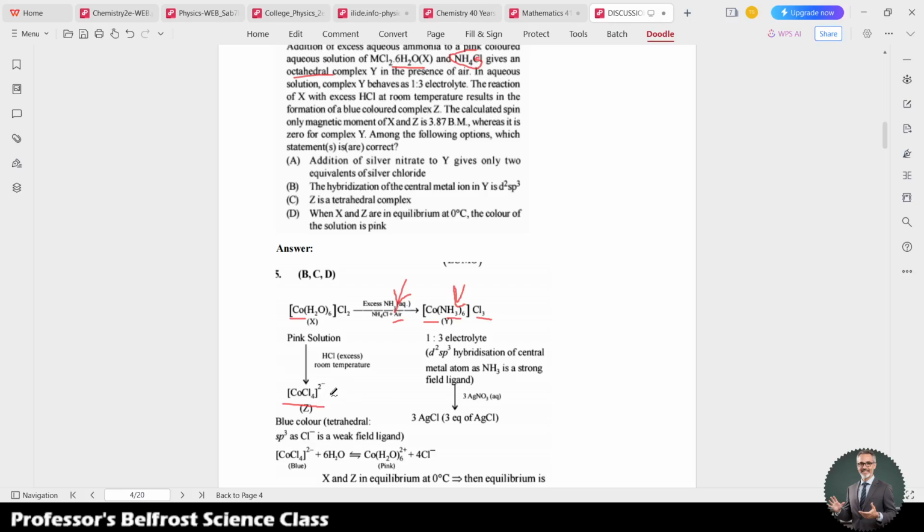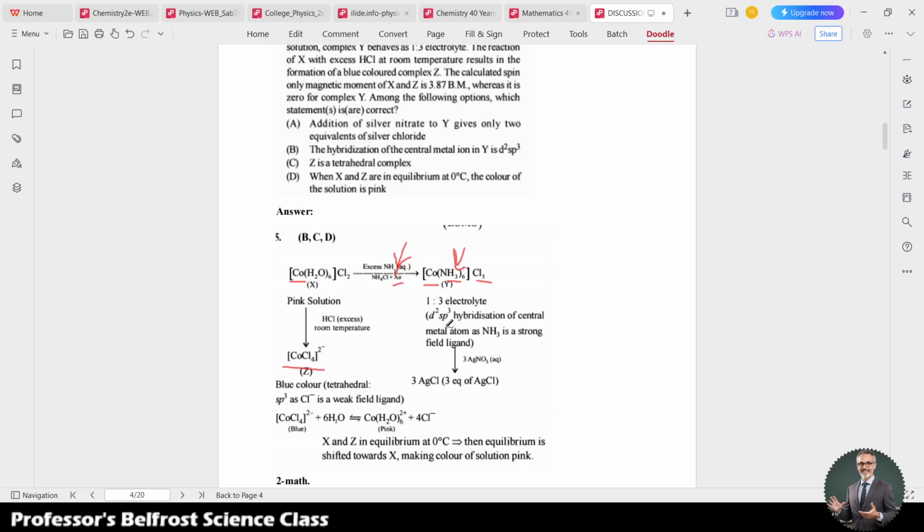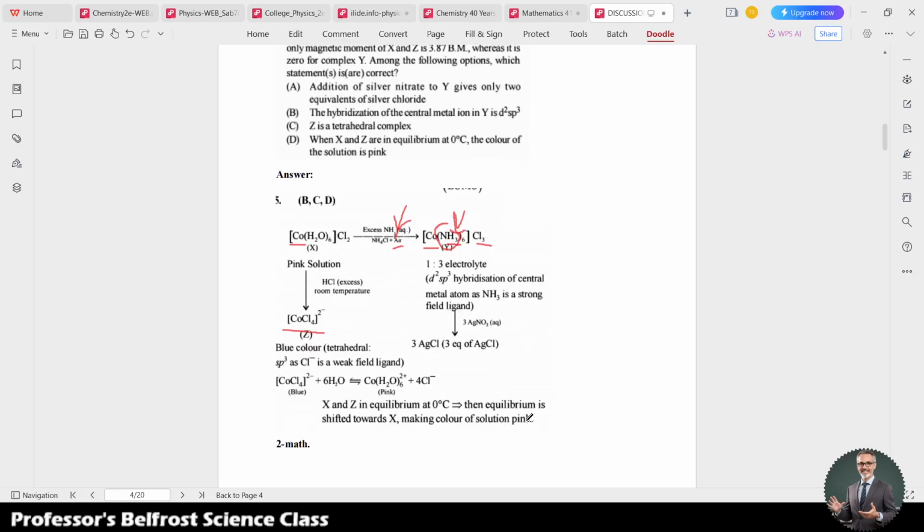For Y, this is d2sp3 hybridization of the central atom, because ammonia is a strong field ligand. So with silver nitrate we have three silver chloride.